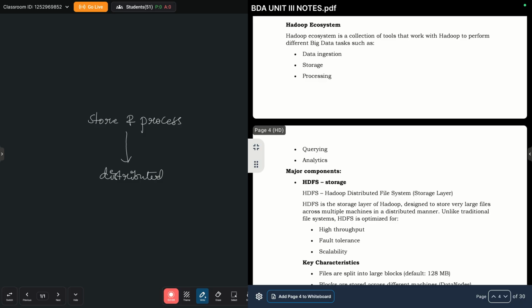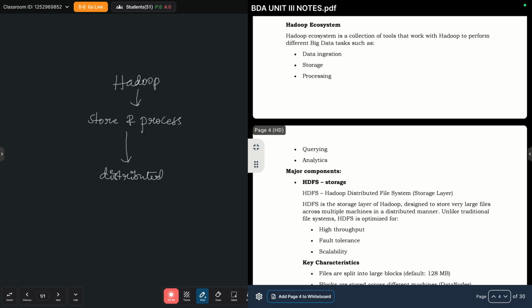This data is very huge and very complex, so our traditional data storage systems are not suitable. By using Hadoop, the open source framework, we can store and process the data in a distributed manner.